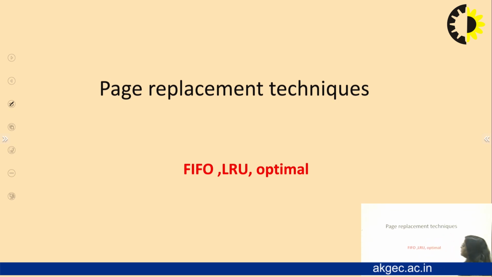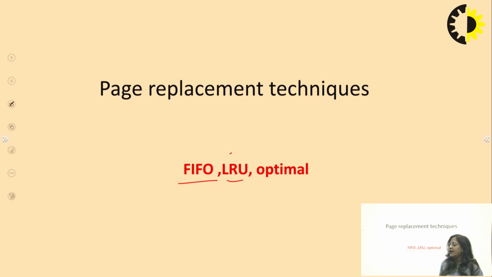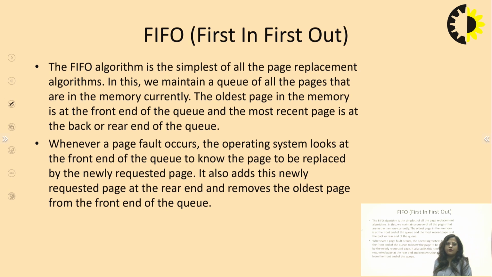Mainly there are different types of techniques in page replacement, but in this lecture I will discuss these three techniques. First one is FIFO, which means first in, first out. Second one is LRU, which means least recently used, and third one is optimal. These are the three page replacement techniques which I will discuss in this slide one by one.